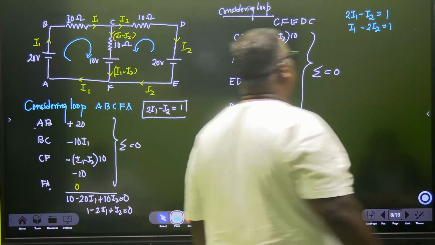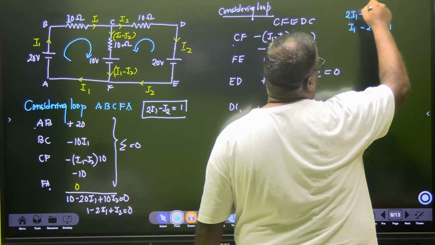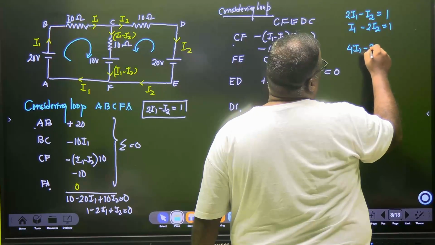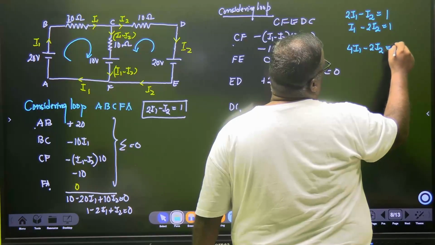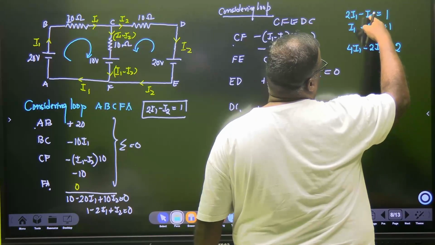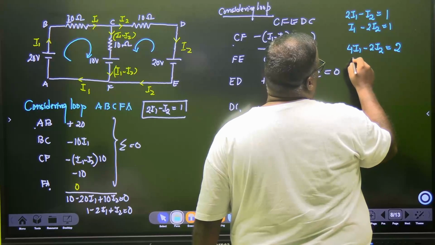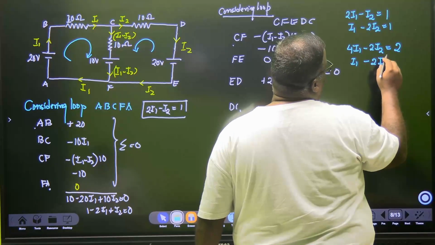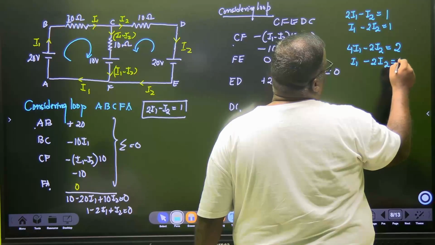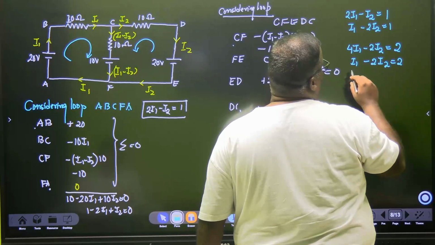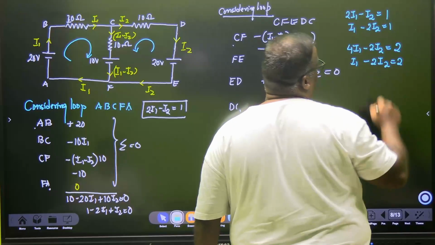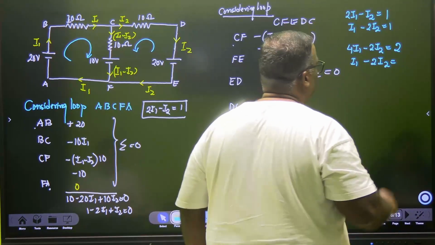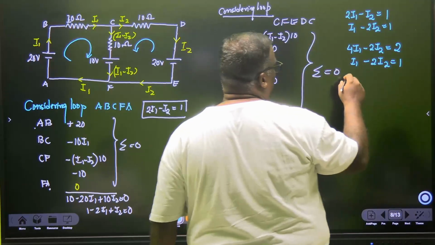Please cross multiply. So I multiply this with 2. So this becomes 4I1 minus 2I2 is equal to 2. And I1 minus 2I2 is equal to 1, and then you multiply it with a minus.